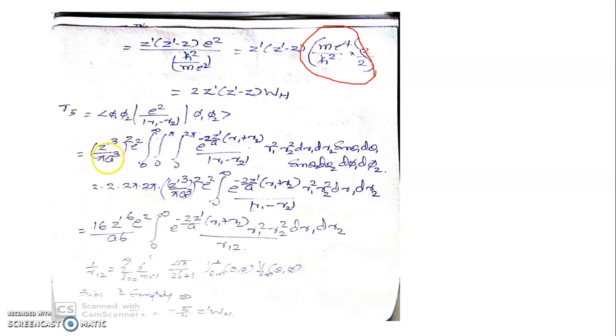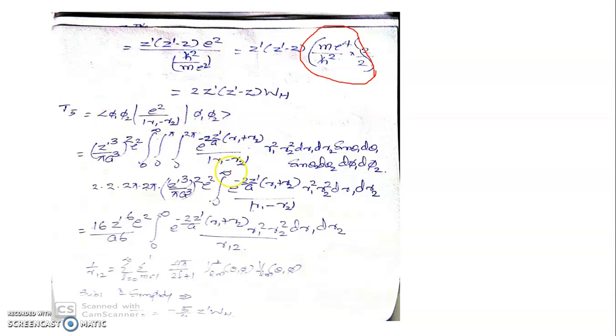Make it Z' cube by pi a cube whole square. Square root vanishes with squaring. One squaring operation. e square is taken out. Integral 0 to infinity, 0 to pi, 0 to 2 pi, e power minus 2Z' by a into (r1 plus r2).